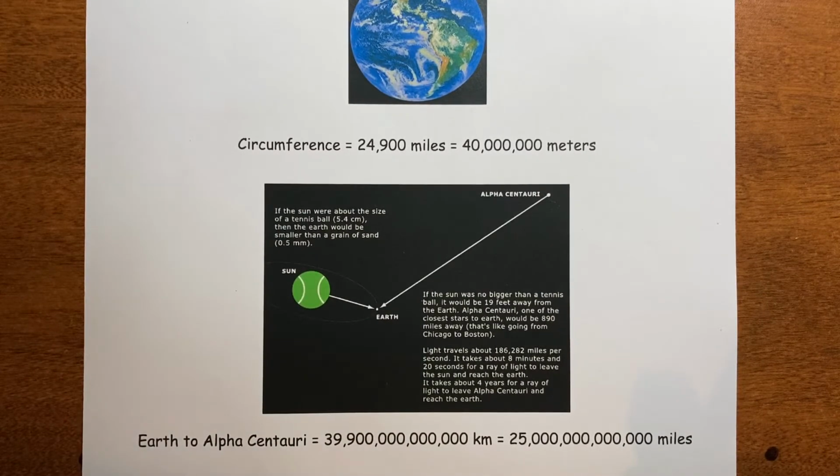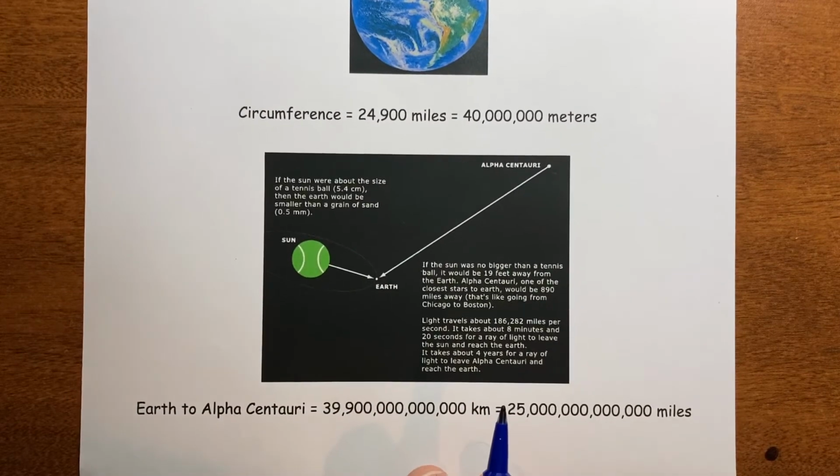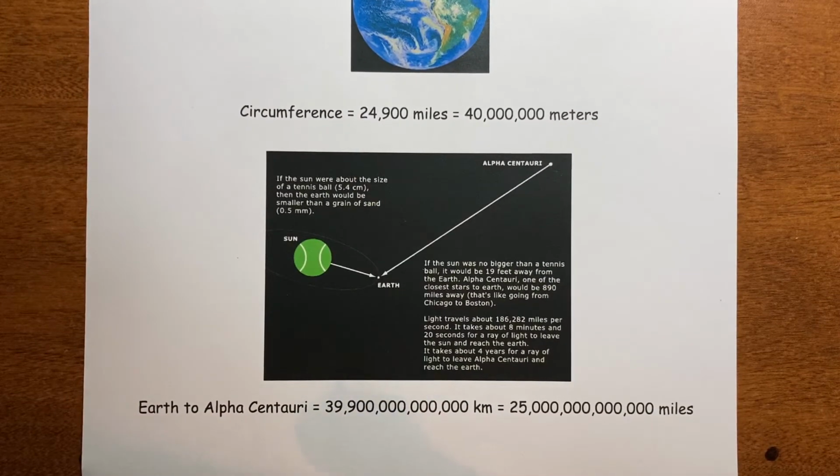It's hard for us to imagine how far the moon is away even, or how far the sun is away. What does that really mean compared to us? Well, astronomers have done the actual calculations for us. Just to the nearest star from Earth, it's 25 trillion miles.